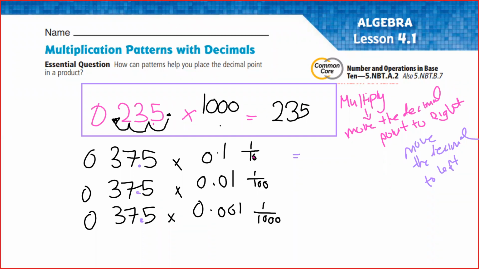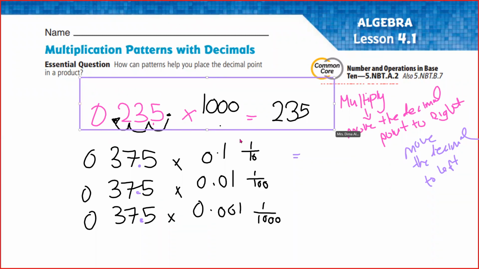Just know that when you multiply by 0.1, you have to move the decimal point 1 digit to the left. So that means here, how many digits after the decimal point? Only 1 digit, is it right? Yes. So I'm going to move the decimal point 1 digit to the left, not to the right.